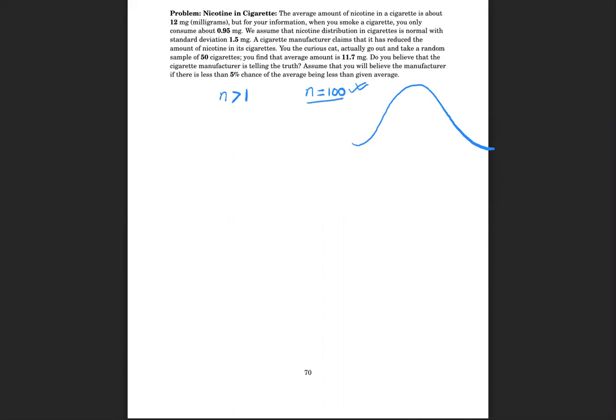If you take all the possible samples of size 100, and for each of them you find the mean or average, and you graph them, that distribution or shape is going to look like this, and this is called the sampling distribution.